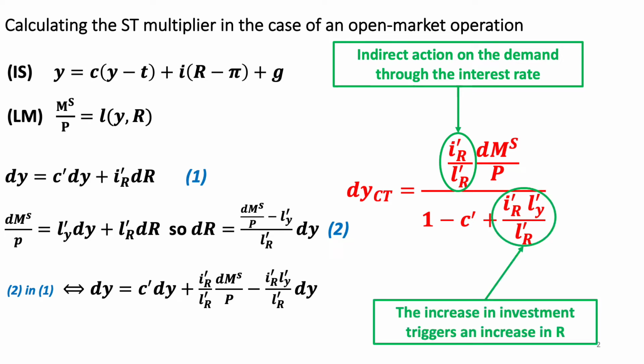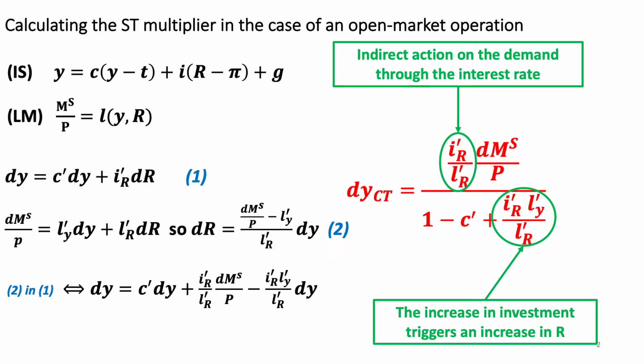If we look at the denominator now, we can see that the effect on the demand is amplified following the logic of the multiplier. We recognize the same denominator that we had for the fiscal policy, although the term I'r times L'y over L'r does not mean exactly the same thing as it did before. For the fiscal multiplier, it referred to the crowding out effect.